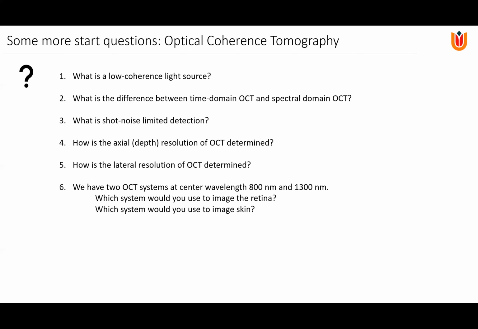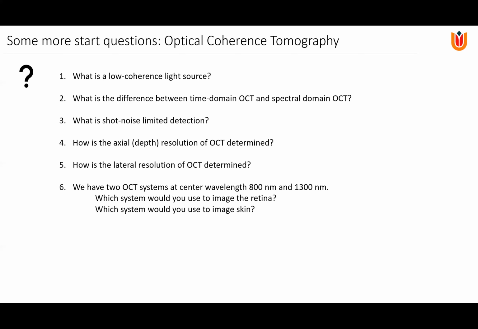And in case you wonder where this factor comes from, that is just from the assumption that the spectrum is Gaussian, and if you go through that whole calculation, then this factor just drops out. Okay. So that would be the resolution in depth.